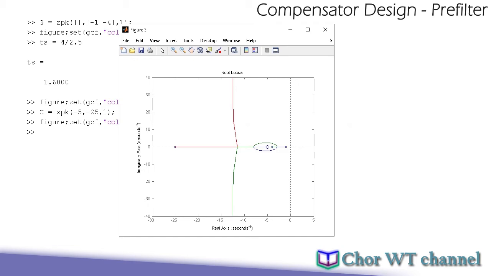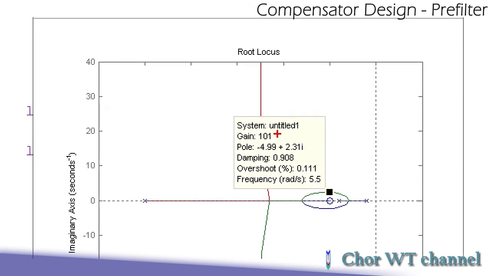So let's do this. To verify, let's say I take one point here and move to a location which is easier for my calculation. So maybe I just stop at 101 here.